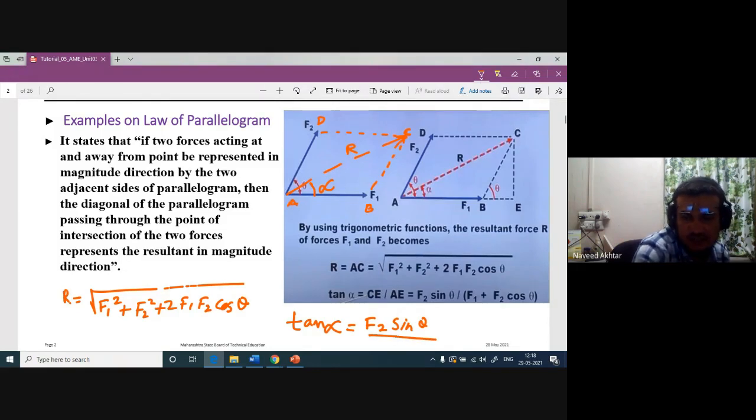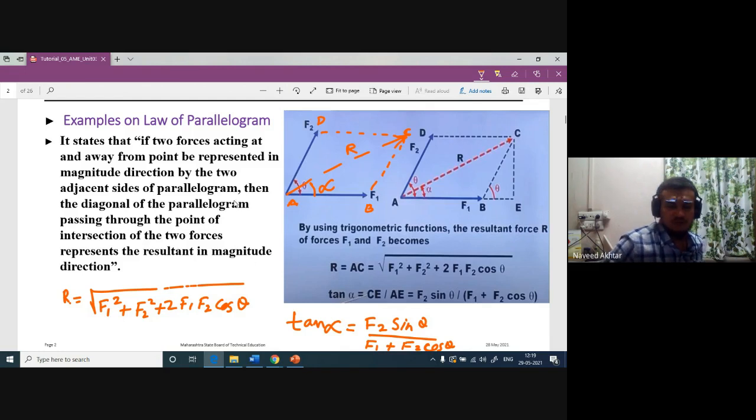AE is nothing but AB plus BE. AB is nothing but F1, and BE is nothing but F2 cos theta. So from this equation you can find out tan alpha for the law of parallelogram.